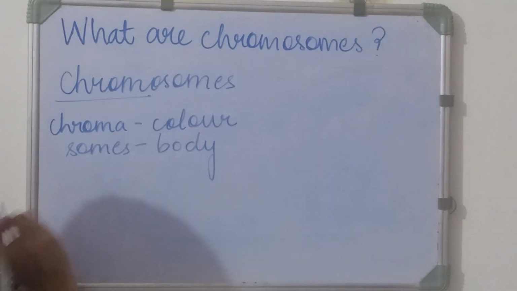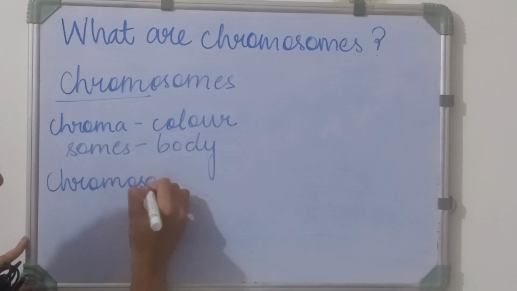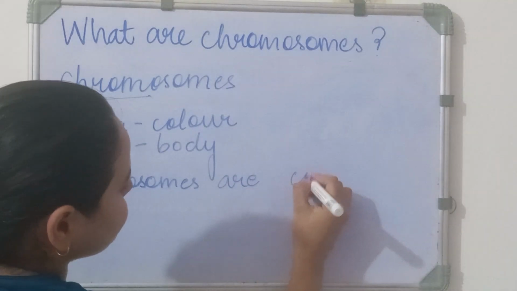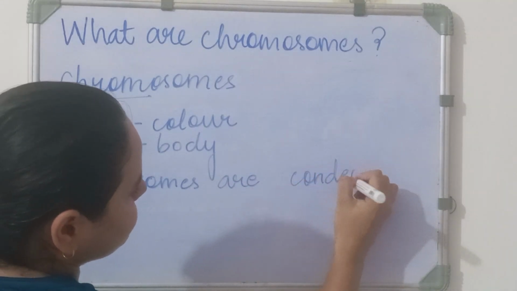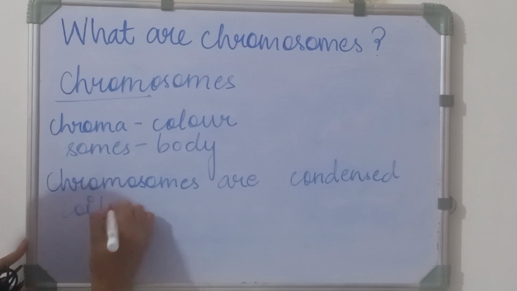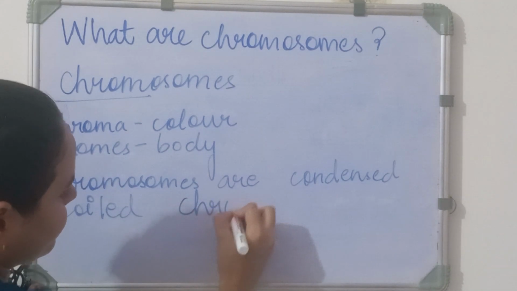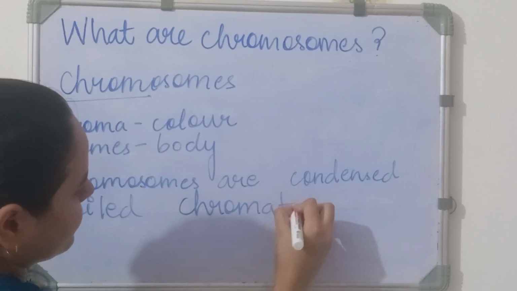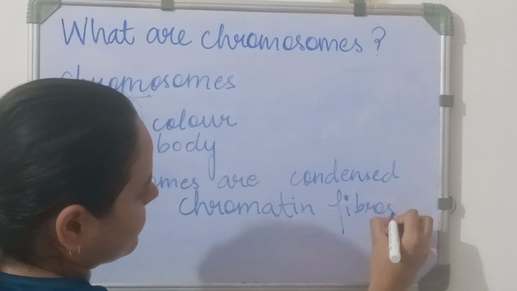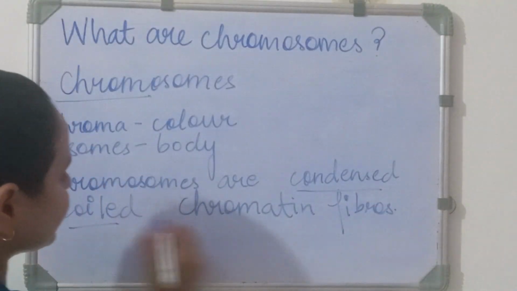Now, chromosomes are condensed, coiled chromatin fibers. I hope the definition is clear. They are condensed coiled chromatin fibers.